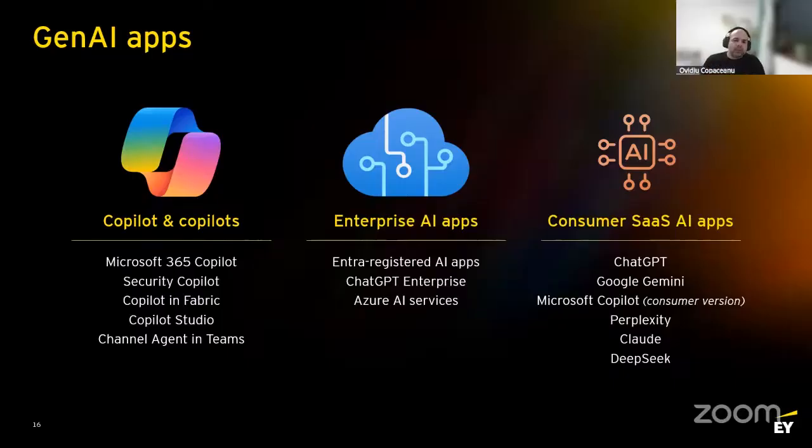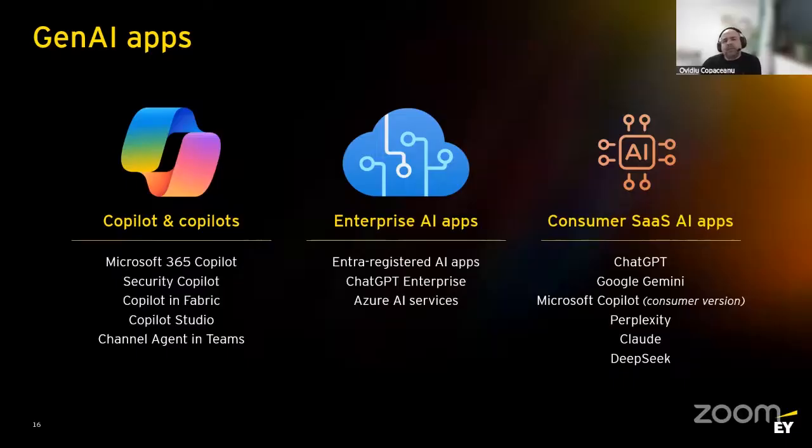And of course, we have Security Copilot, Copilot in Fabric, Copilot Studio, where we can create our own agents, grounded only to a set of capabilities, and help us do our work better. And it requires no code at all. And we have the channel agent in Teams.